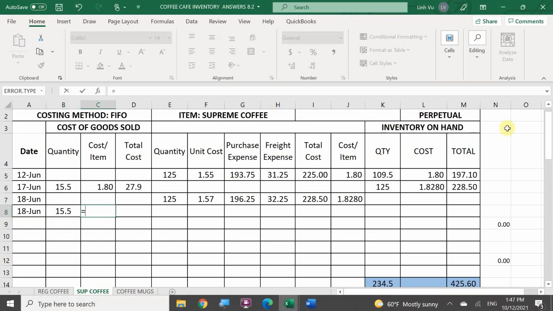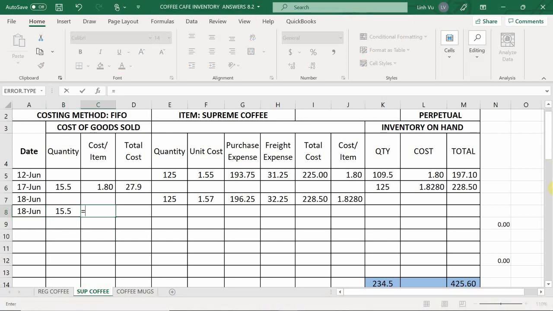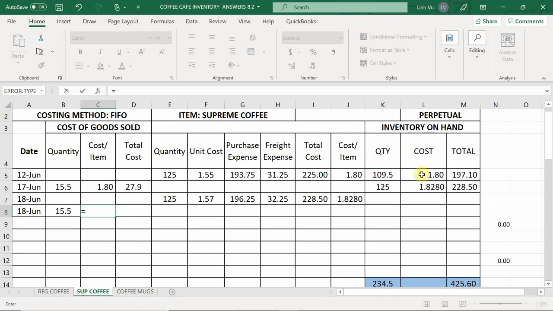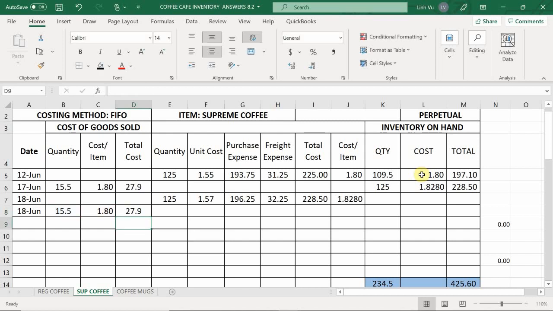Supreme coffee. Now in this case, how many batches of inventory do I have? 2. What method am I using? FIFO, the first one we have to take. Perfect. So in this case, what's my cost per item for the first one? 15.5 times 1.8 equals 27.9. $27.90. Good.